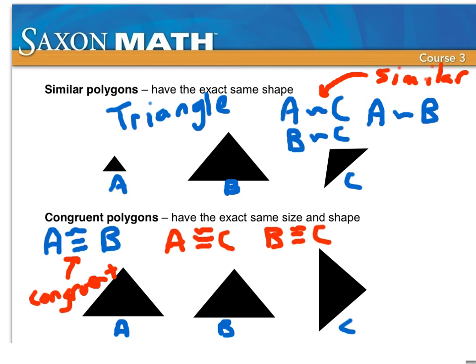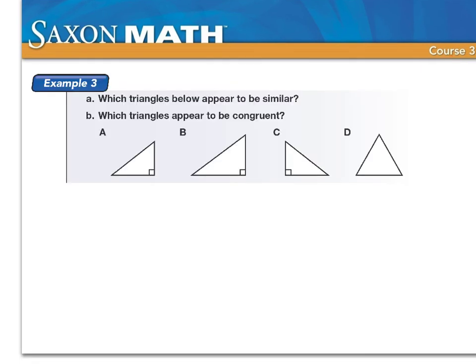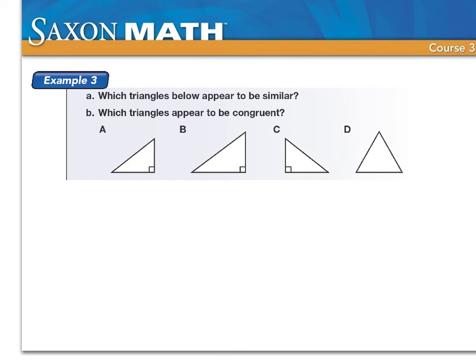Okay, and let's go to the last example. Example 3, part A says which triangles appear to be similar. Similar again means they have to be the same shape. Well, all four of these are triangles, but they're different shapes of triangles. Do you know what these three are called when they have this little box in them?